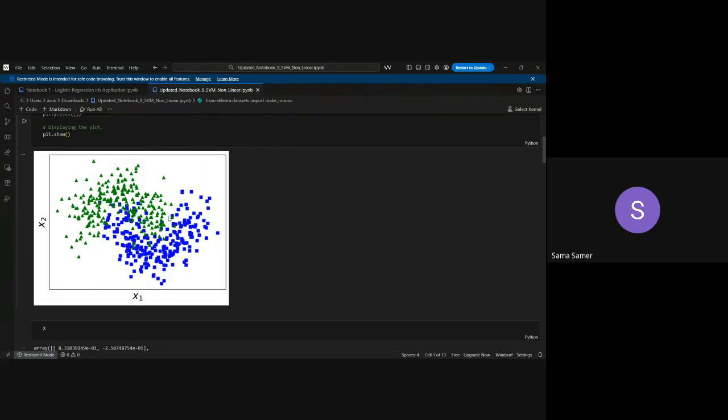So can you tell me what you find here from this observation, and how can I apply SVM on it? What do you observe from this visualization? Go on, Marwan. Okay, we can see that it's similar to the hyperbolic plane we saw before. Okay.